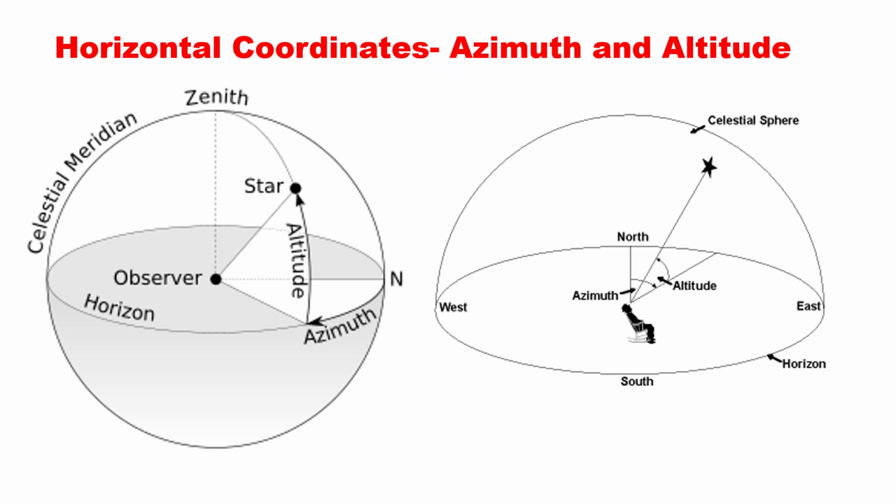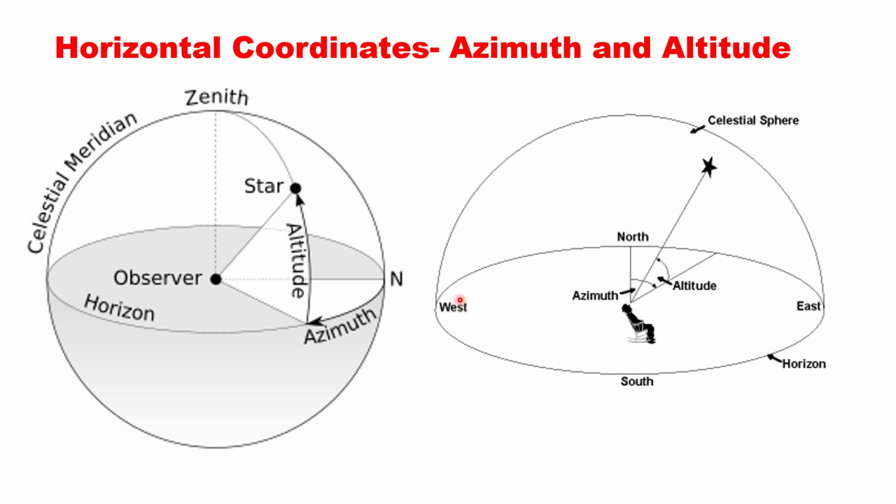In the horizontal coordinate system, we use the terms azimuth and altitude. Azimuth is the angle between the north direction and the point on the horizon directly below the celestial object, measured clockwise from 0 degrees to 360 degrees. 0 degrees is north, 90 degrees is east, 180 degrees is south, and 270 degrees is west.